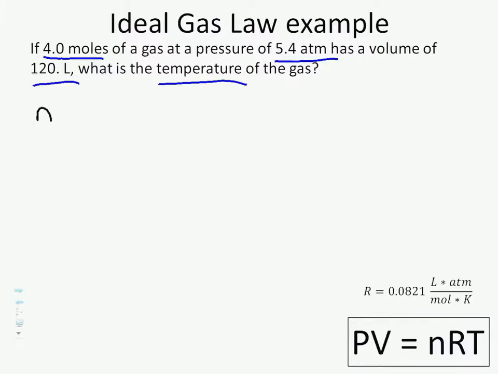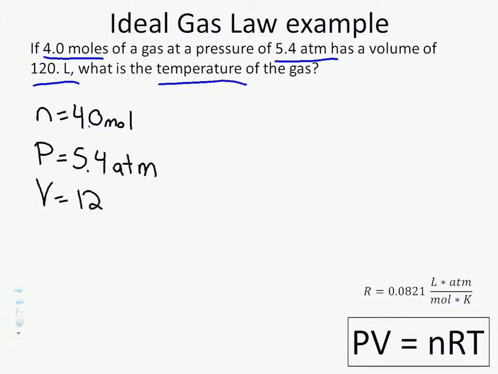So we have n equals 4.0 moles, and the abbreviation for moles is mol. The pressure is 5.4 atmospheres, and the volume is 120 liters. And it's asking for the temperature of the gas.